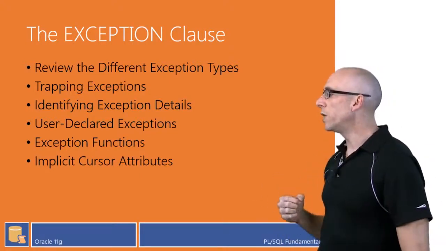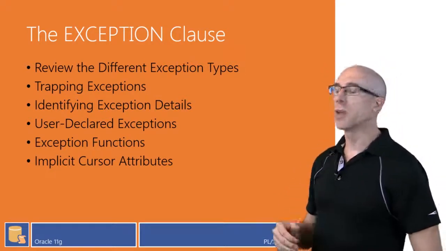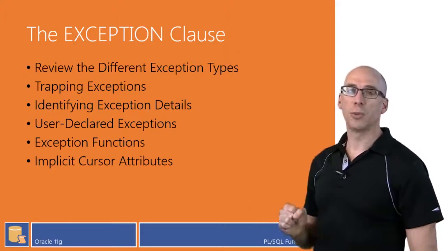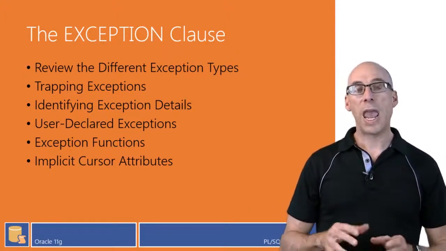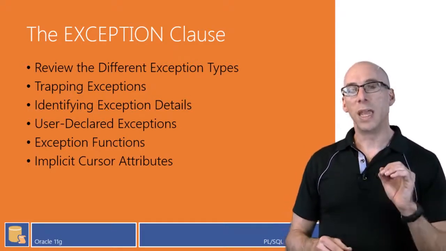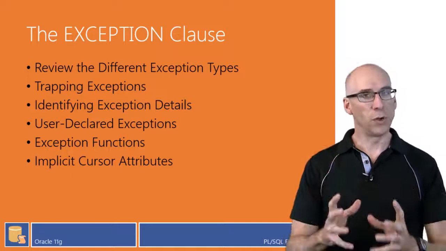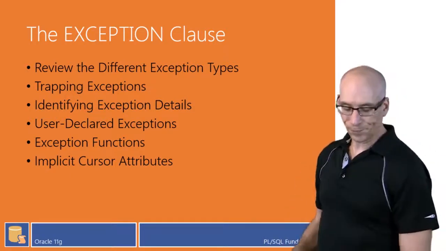And then we're going to talk about exception functions, and then finally we are going to discuss implicit cursor attributes. Now that sounds pretty scary, but it's really not that bad. And it's a nice segue into one of our later lessons. But it's a very full lesson that we're going to be discussing. So we need to dig in.